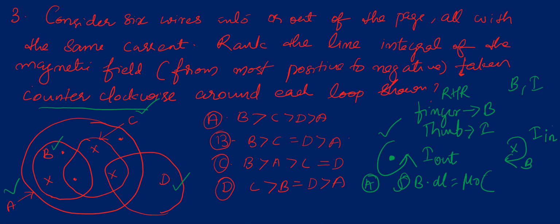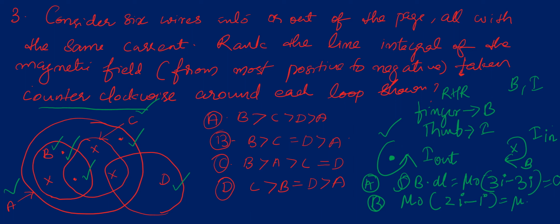Here, for the first loop, 3 currents are going out, 3 currents out minus 3 currents in. So you will get 0. For the second loop, again mu 0 into 2 currents going out, 1 current going in.